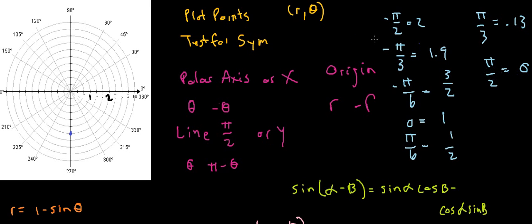So pi over 2, that's here. That was 0. Pi over 3 was right here. That's 1.3, so that's like 1 and a third. Make sure I line it up right. So it's like there or something.